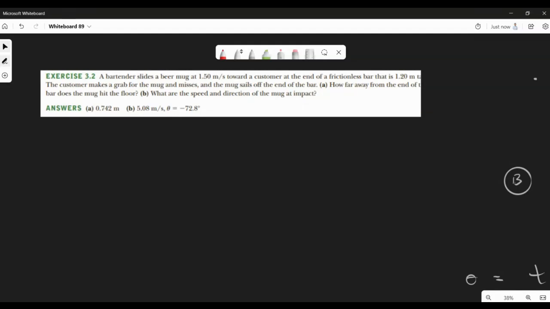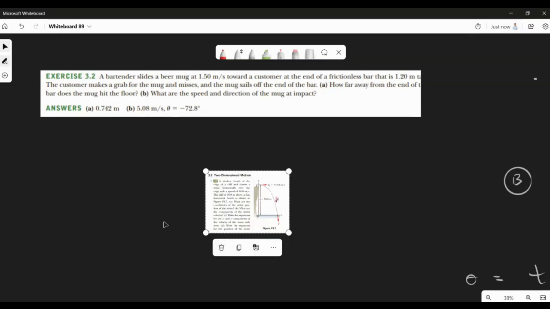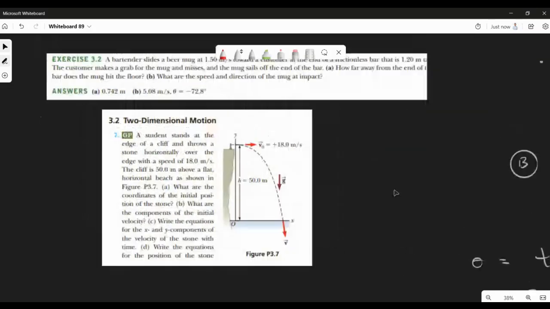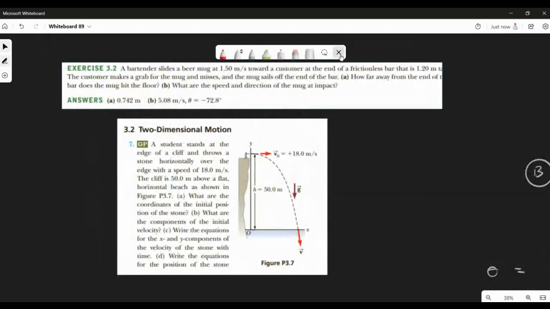Another nice one. This topic can be a bit daunting for some students, so make sure you practice. This one is a nice problem to do. So do these ones. Number 7, you go back and do that one. That's just to get you familiar with this kind of stuff.